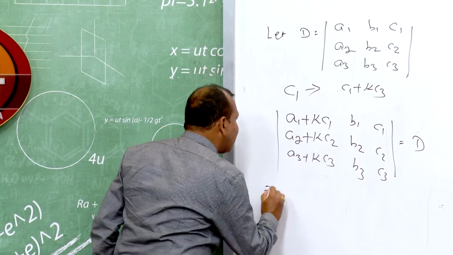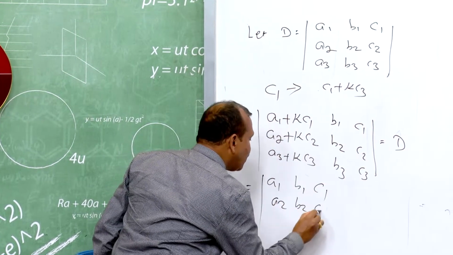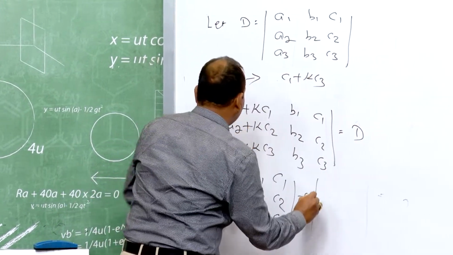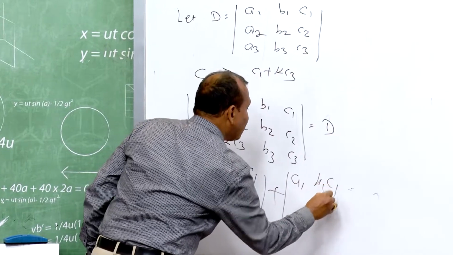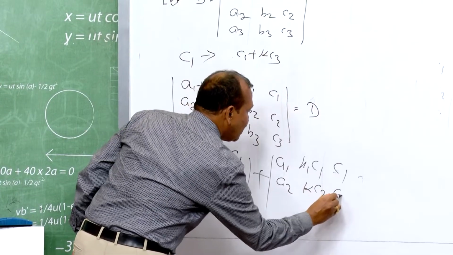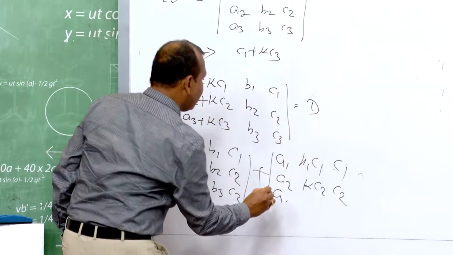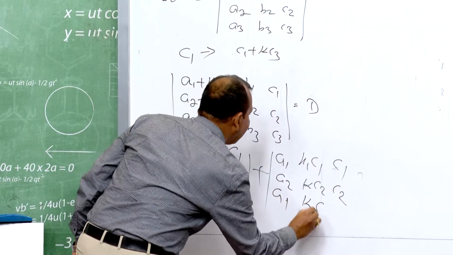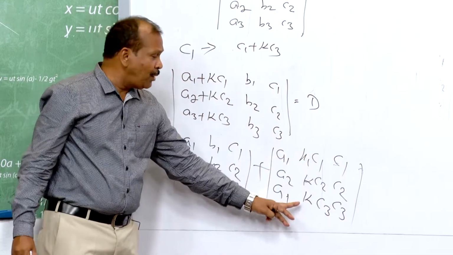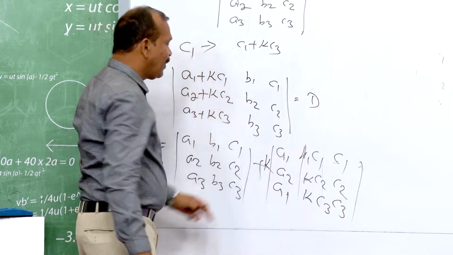So this can be written as A1, B1, C1, A2, B2, C2, A3, B3, C3 plus the determinant with first column k C1, k C2, k C3 and the rest unchanged. Now, here the third column is multiplied by k, so we take k outside.